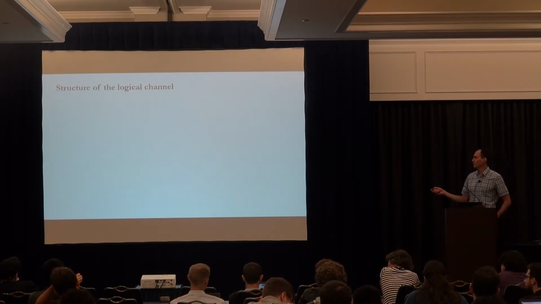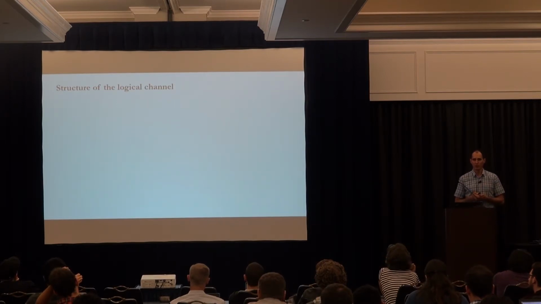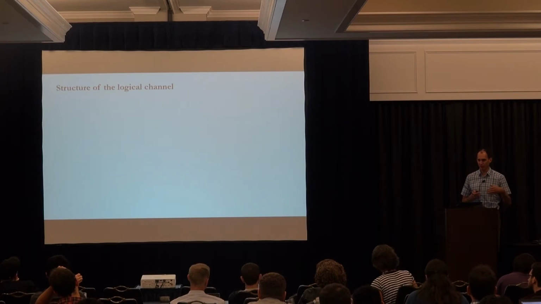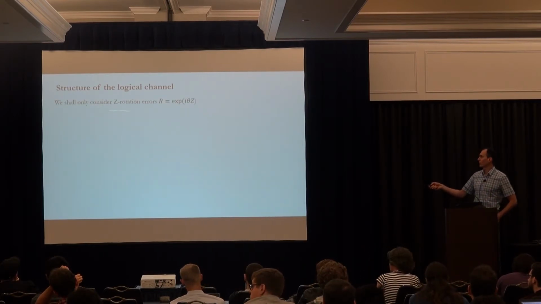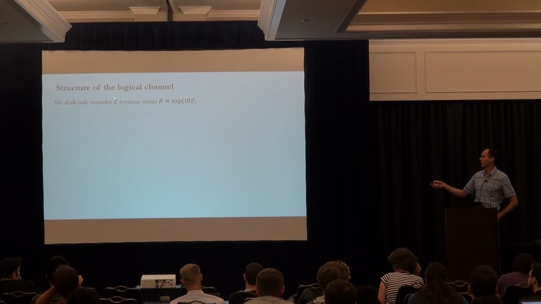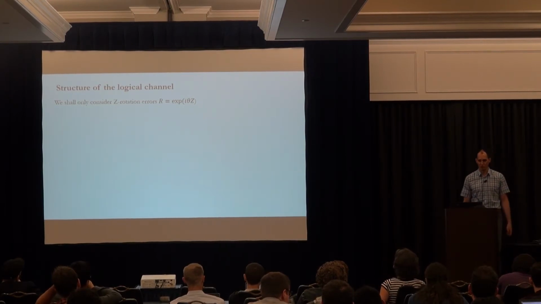First of all, let's try to understand the structure of this logical channel after error correction. In this part, I will only consider coherent errors that have this form. So our algorithm works only for Z-type rotations.